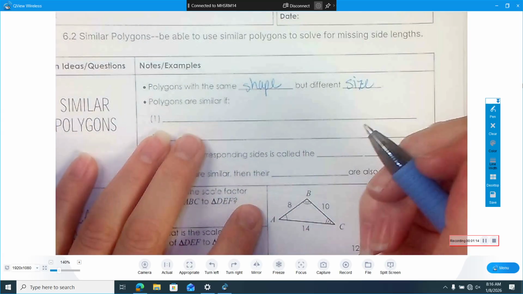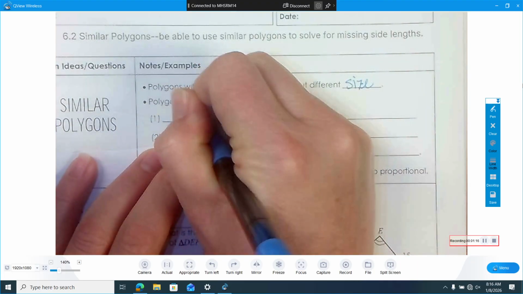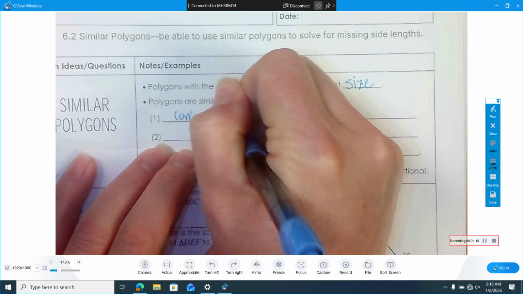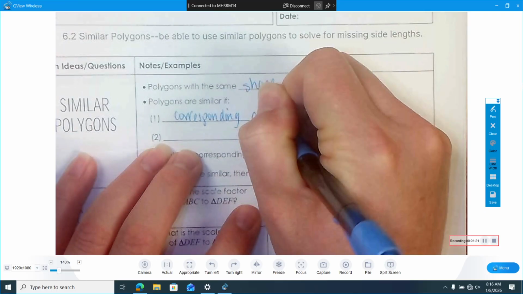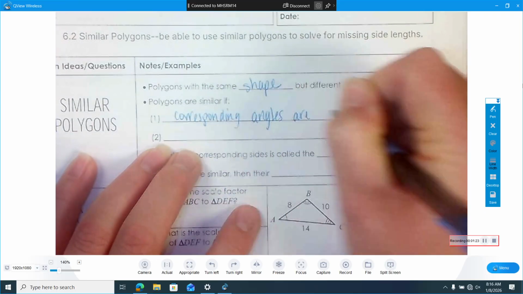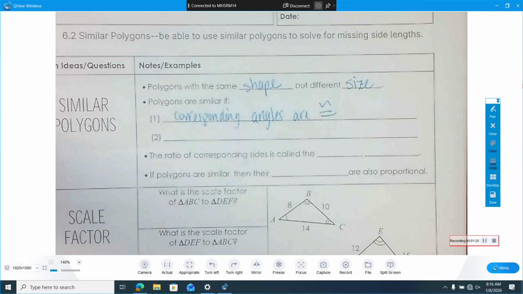Polygons are similar if corresponding angles are congruent. Corresponding angles are congruent. So we've got pairs of congruent angles.